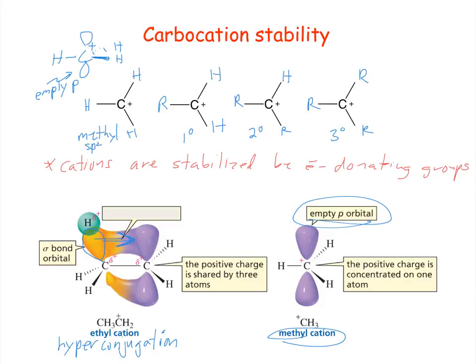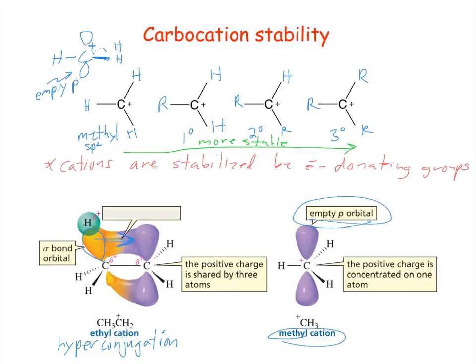So the more alkyl groups that are attached to the carbocation, the more stable that cation becomes. Okay, so as we go from left to right, this becomes more stable. All right, so the more stable carbocation is going to be the preferred one that's formed during the first step of this reaction.